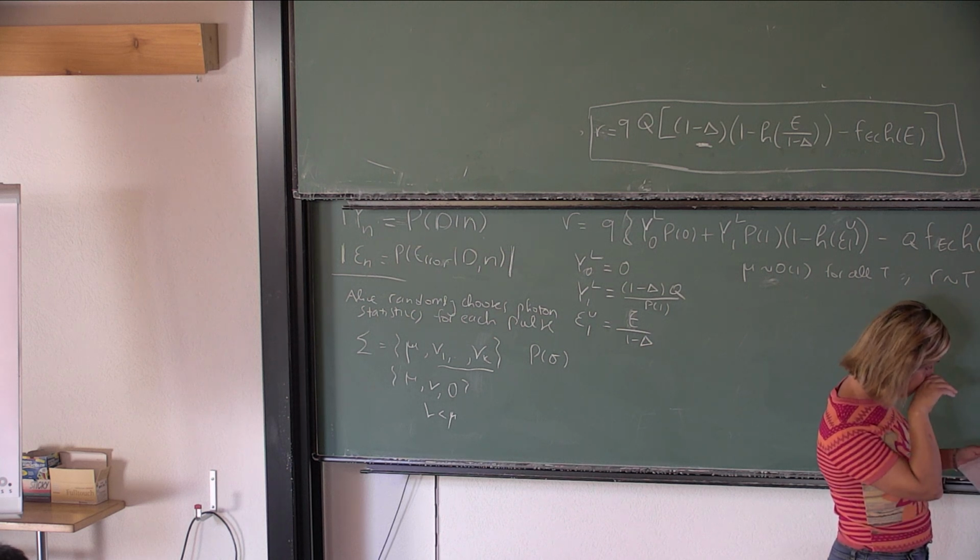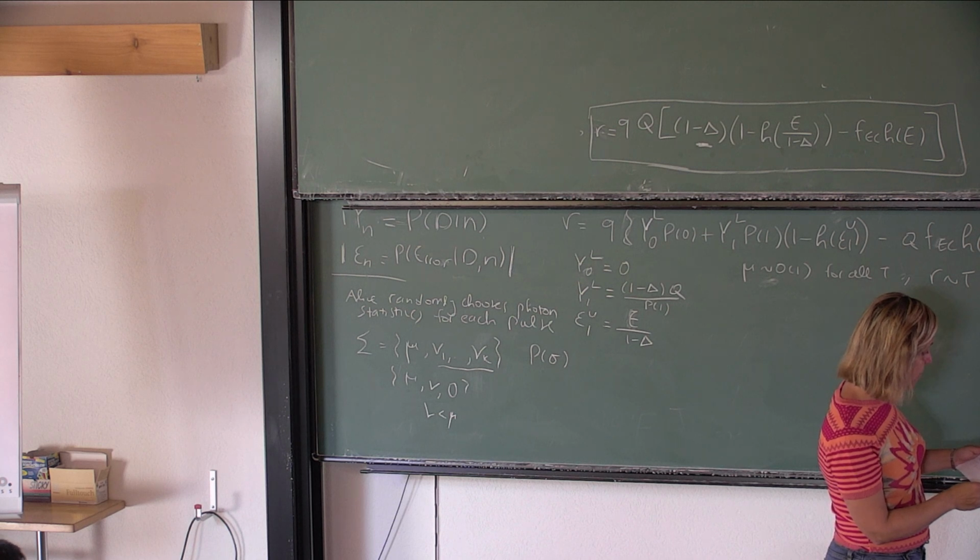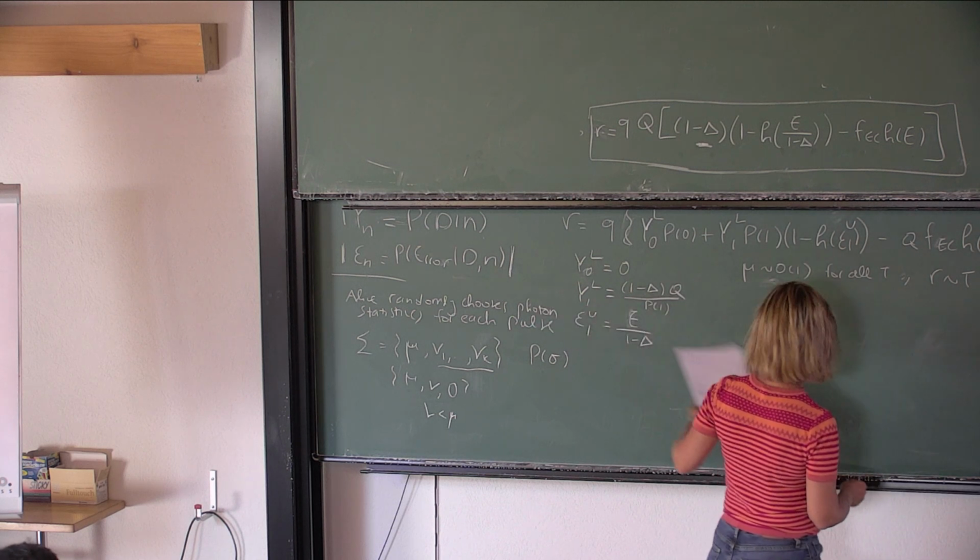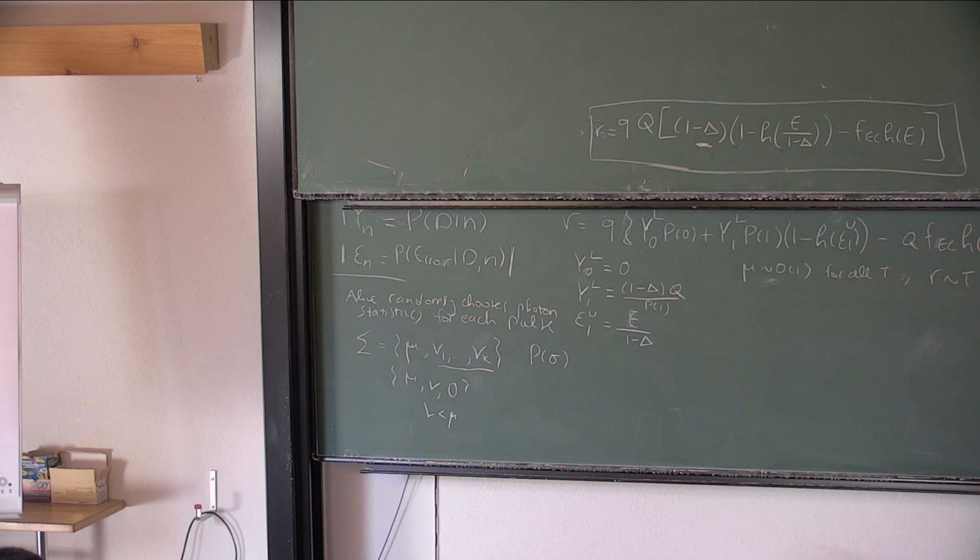To calculate this epsilon n, which is my goal, I first need to calculate this joint probability. So I'll keep this, it has been calculated. And I need to calculate this error probability.